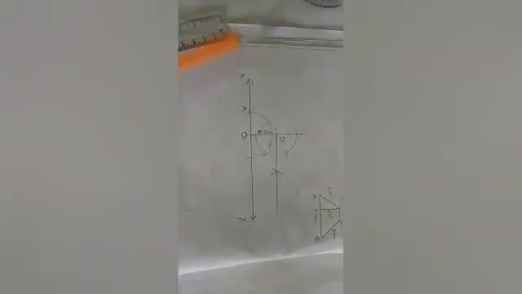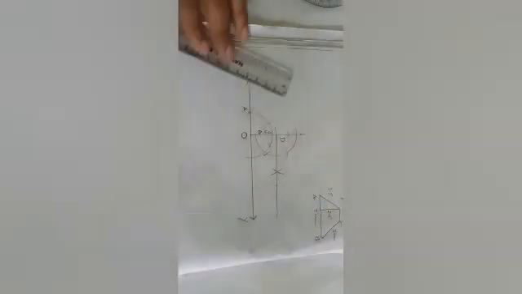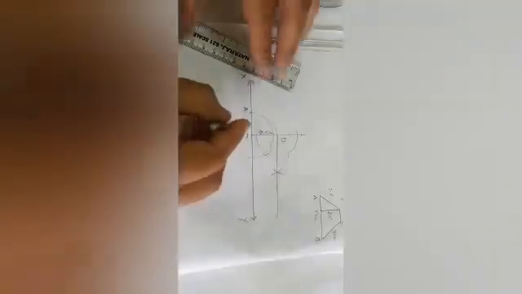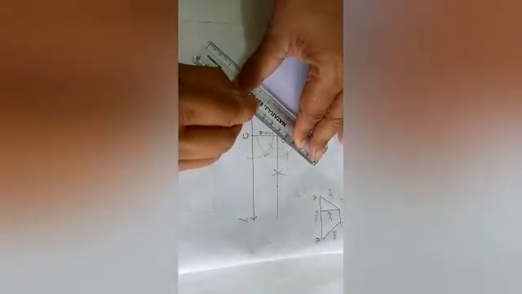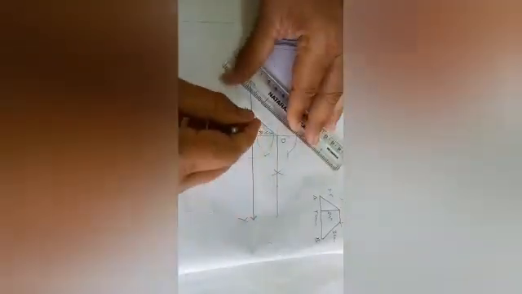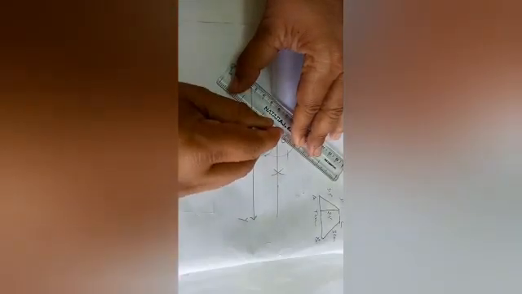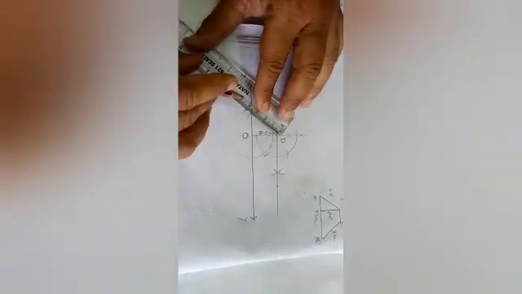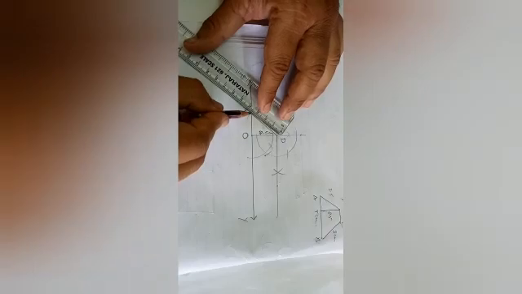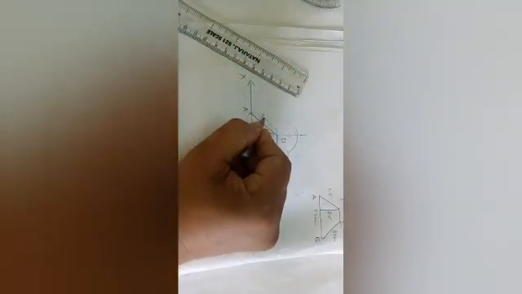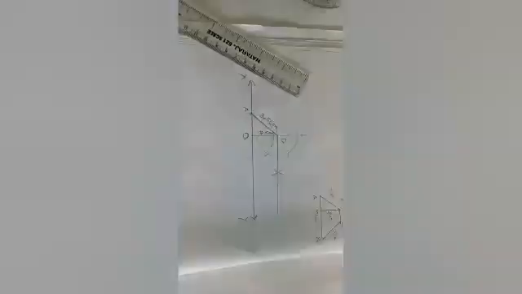Now the next measure is given. CD is 3 centimeter. What did we cut with the arc? DA, that is 3.5. You measure it once. Yes, it is 3.5. You write over here 3.5 centimeter.